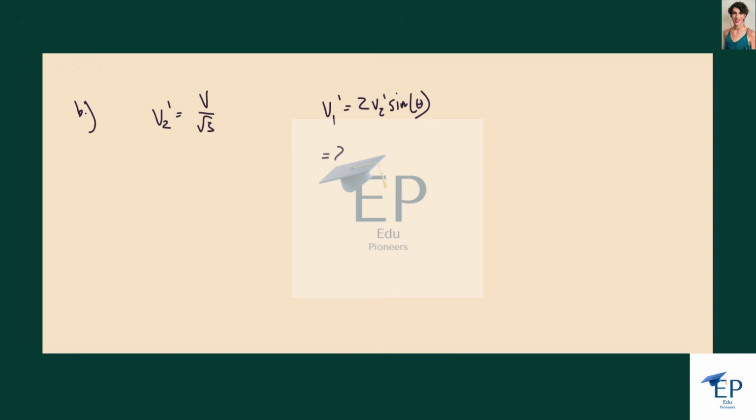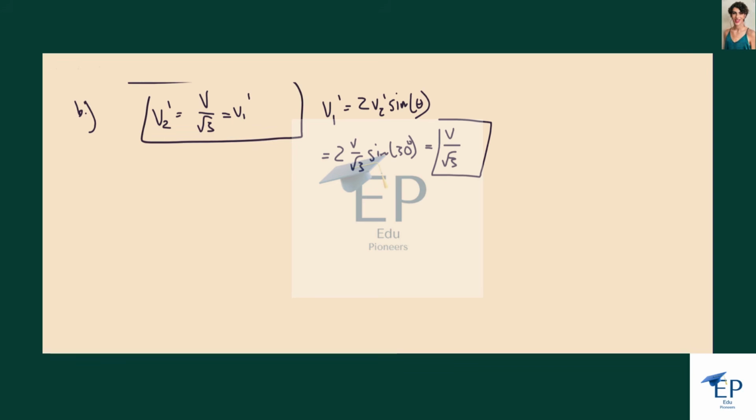We know these values, so this is 2v over root 3 times sine of 30 degrees, which comes out to being exactly v over root 3. So that means v1 prime and v2 prime are the same, both v over root 3.